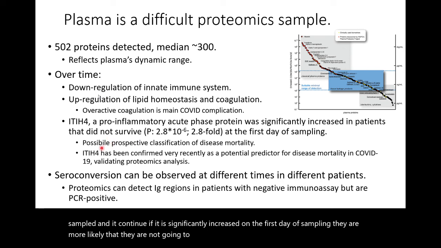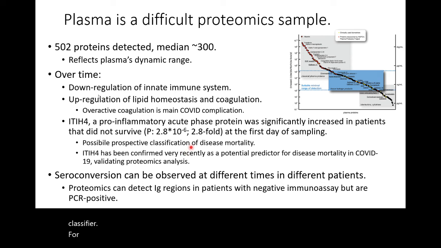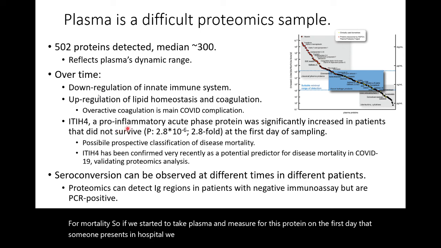So this is now a possible predictive classifier for mortality. So if we started to take plasma and measure for this protein on the first day that someone presents in hospital, we may be able to help them to survive. And this protein has been independently confirmed as a predictor of mortality, and this validates this proteomic analysis.